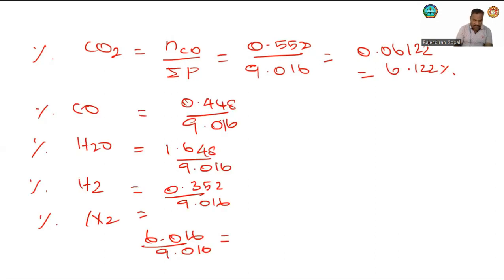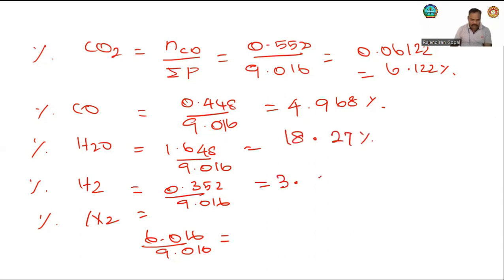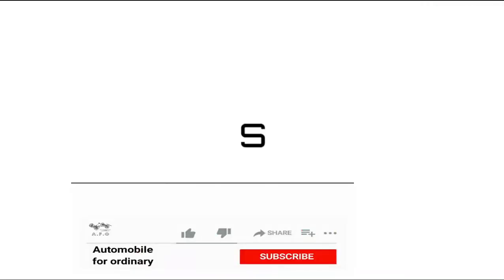Percentage of CO is 0.448 over 9.016, which is 4.968%. Percentage of H2O is 1.648 over 9.016, which is 18.27%. Then H2 is 0.352 over 9.016, which is 3.904%. Then N2 is 6.016 over 9.016, which is 66.72%. So this is the answer.